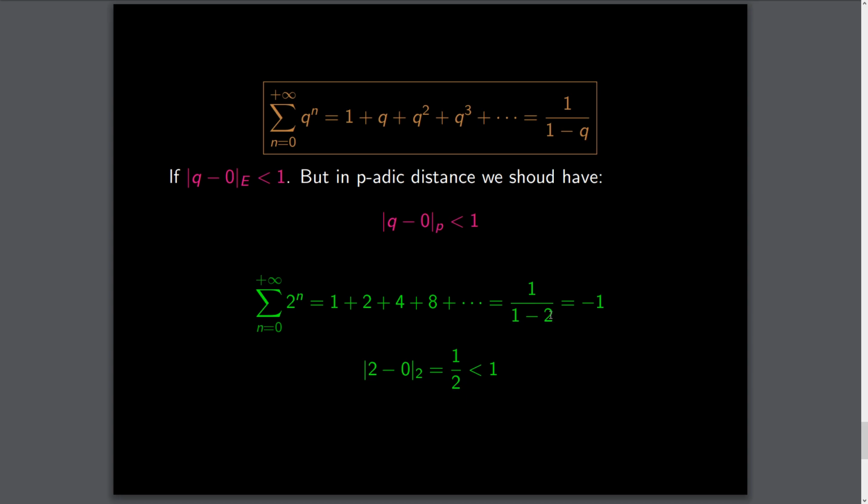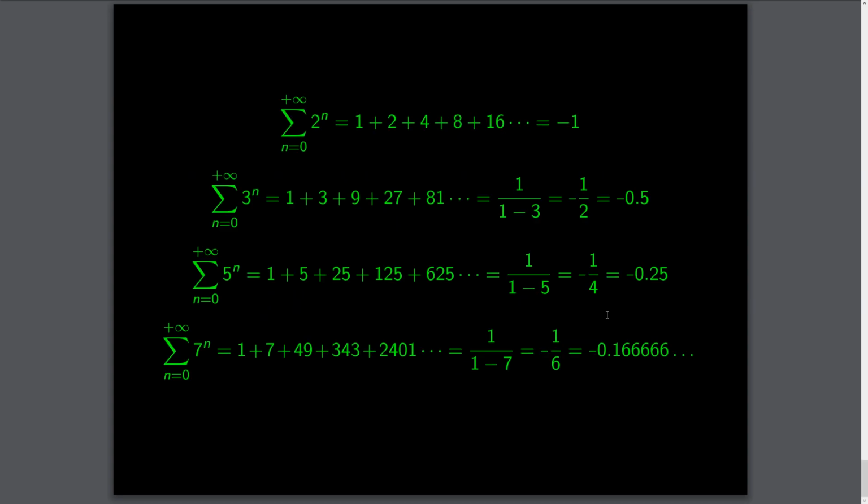The only thing I did was substitute q with 2, and therefore this limit will be minus 1. It means that if I add the powers of 2 from 1 to forever, eventually I get minus 1. And there are some other examples of this depicted in this picture.